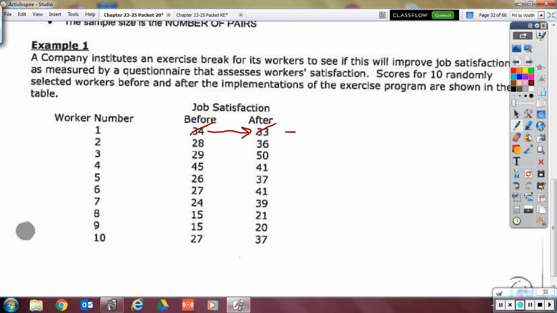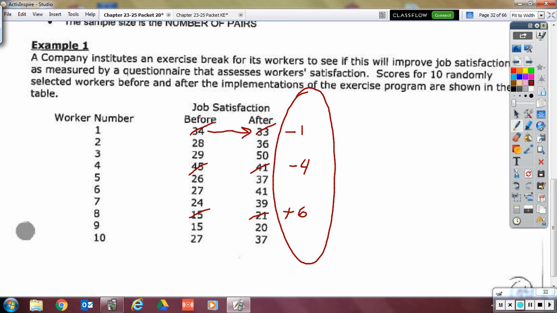This person went down 1. This person went down 4. This person went up 6, and so on. So the actual beginning and ending aren't what's important. It's this change. This one set of differences is what's important.